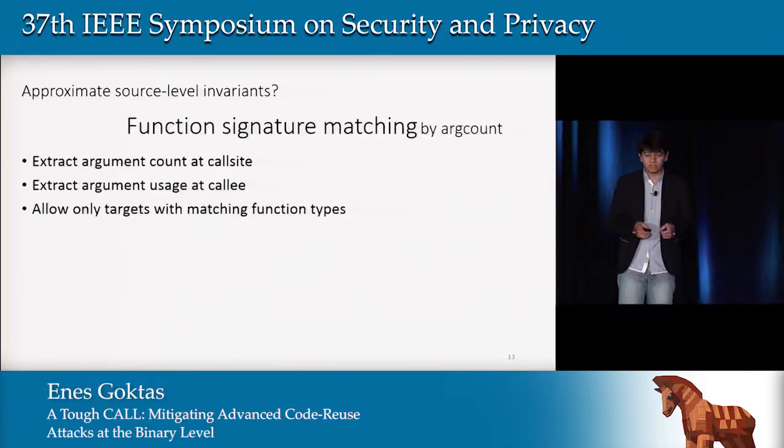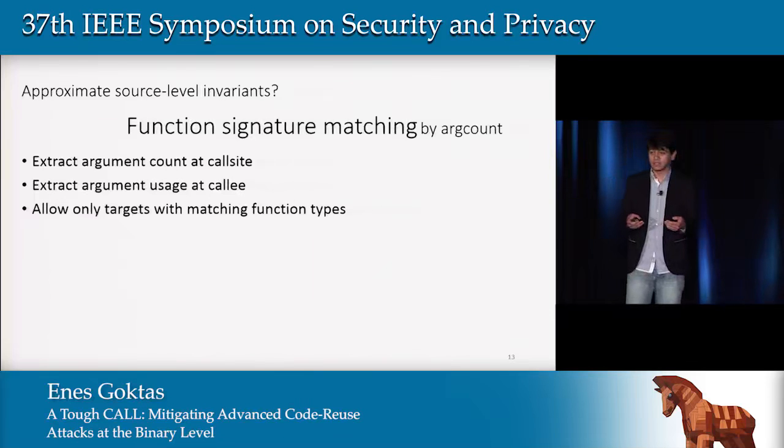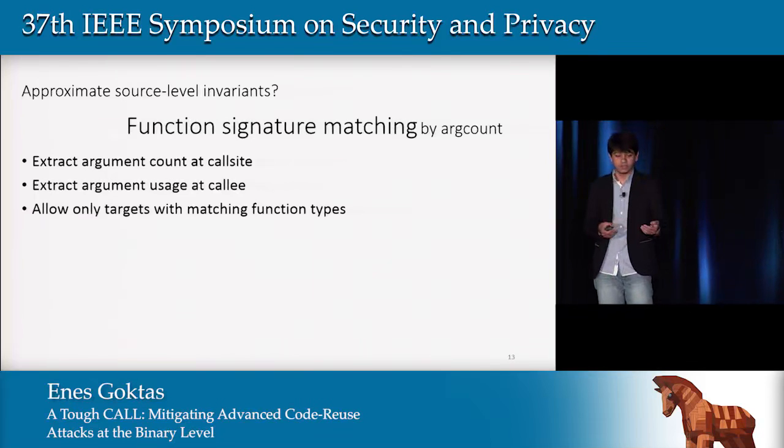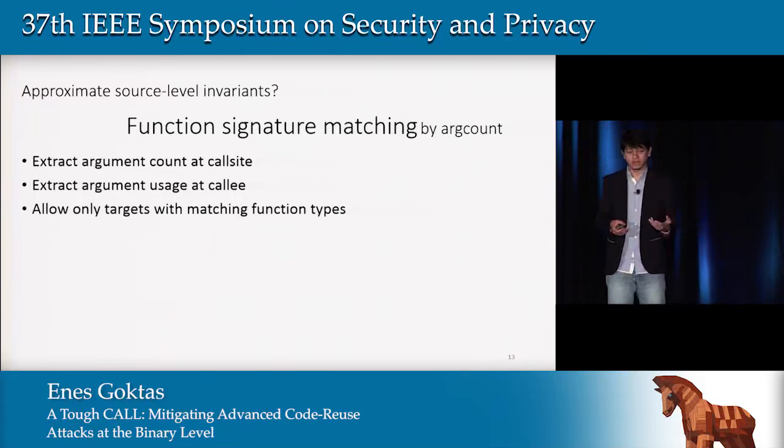How do we approximate the source level accuracy? What do we extract from the binaries? We perform function signature matching by extracting argument counts at the indirect call sites and the functions. At the indirect call sites, we do some analysis and look for arguments being prepared, and we use that as the invariant at the indirect call site.